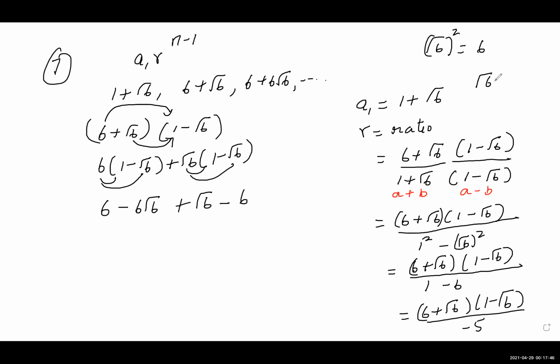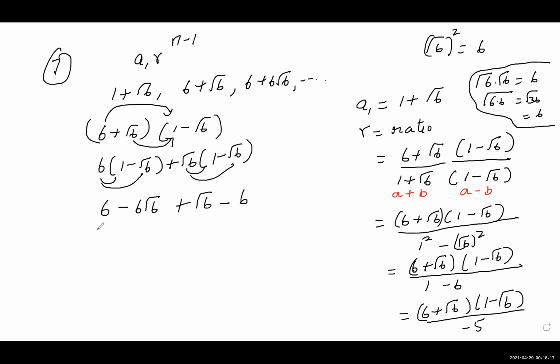Square root of 6 times square root of 6 will just give you 6. How? Because you can make this into a common square root and multiply these two. 6 times 6 will give you 36, and you know the square root of 36 is 6. So that's the concept behind this. So if you multiply square root of 6 times square root of 6, you just end up with 6. So that's how we ended up with 6 when we multiply these two.